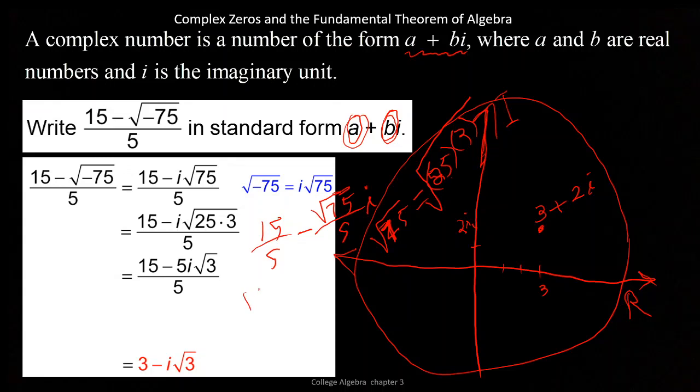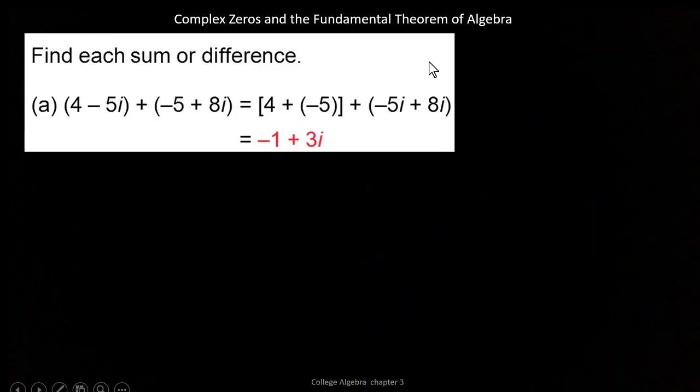So it would be 15 over 5, which is of course 3, minus 5 square root of 3 over 5i. The 5s get canceled. So we get 3 minus i square root of 3. That's how we write it in the standard notation.